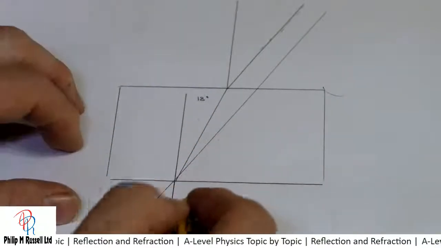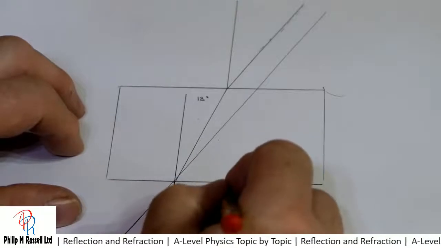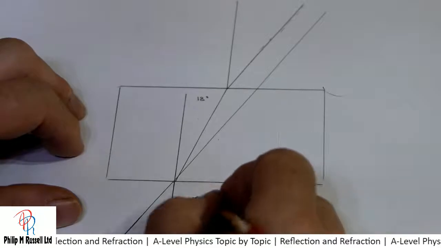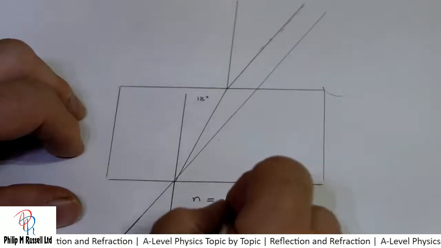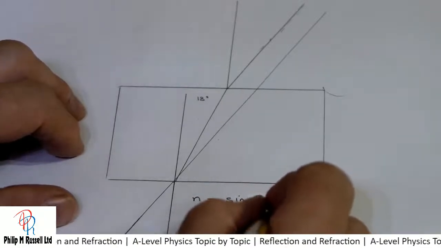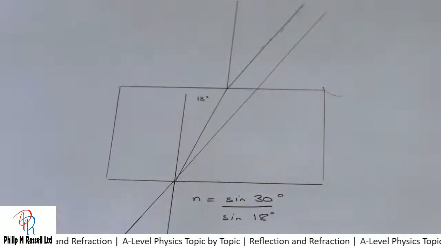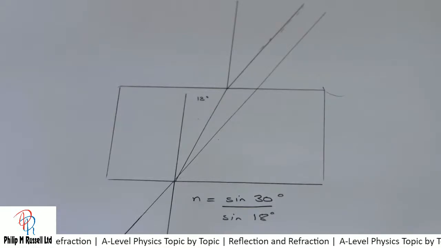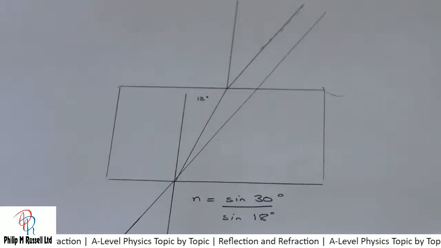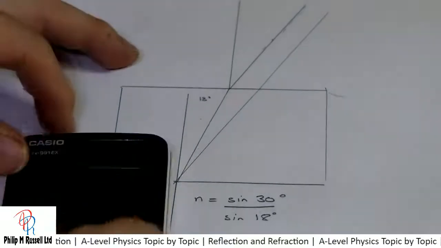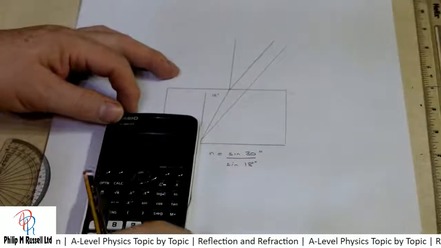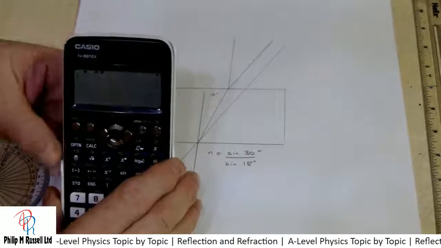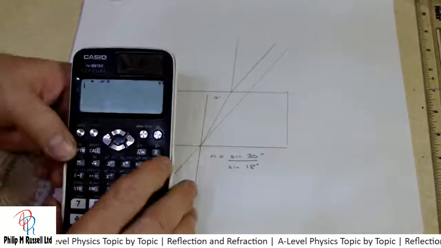We'll have a look and see what we've got. So here we're going to have n equals the sine of i, 30, over the sine of 18 degrees. Using my real calculator rather than the virtual one this time. Don't think you can quite see that. There we are.